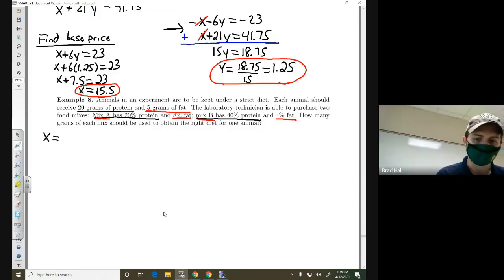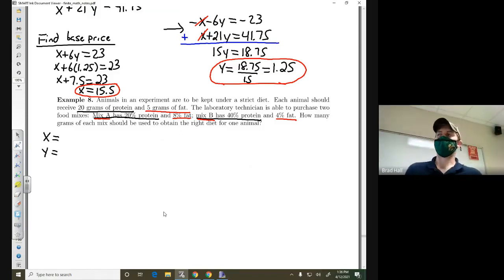And it's going to start off the same way. We need to figure out an X and a Y. In words, does anyone happen to see what X should represent and what Y should represent? So notice what we're trying to find. Notice the last sentence here, the last question. How many grams of each mix?